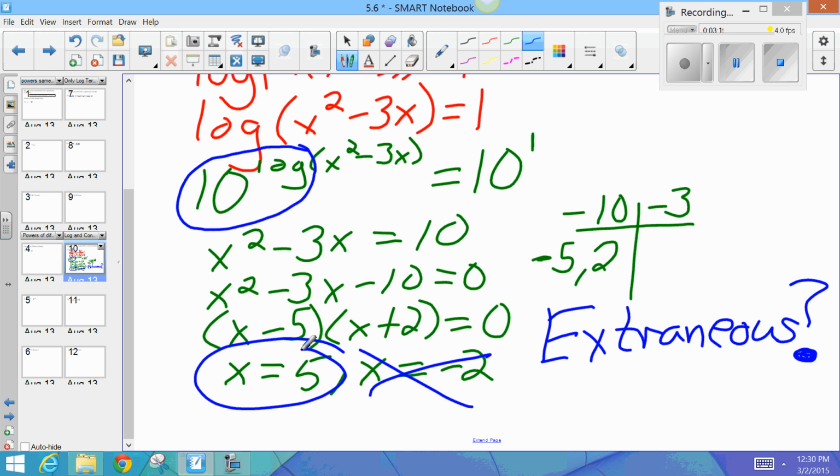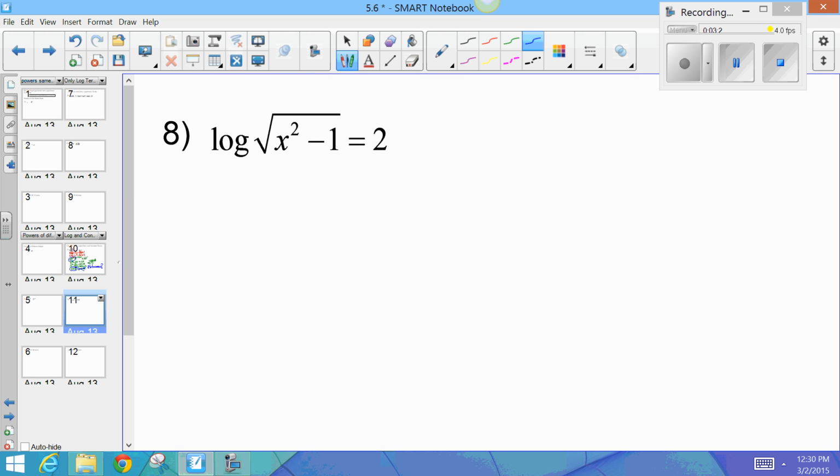Right, next problem. For this problem, I don't have to get it all in terms of one log because it already is. I'm going to use the same method to undo a log. I'm going to take 10 and raise it to what's on both sides of the equal sign.